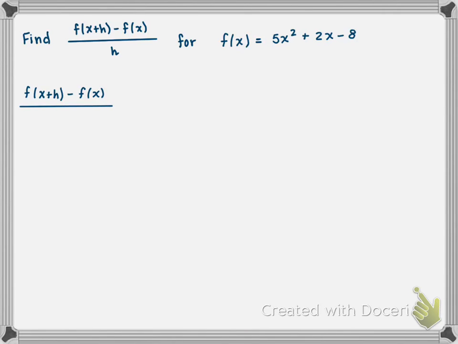And again, that's the only thing this can be equal to, is that whole fraction. So when we plugged in, we should have gotten 5 times x plus h squared plus 2 times x plus h minus 8, and then minus 5x squared plus 2x minus 8.